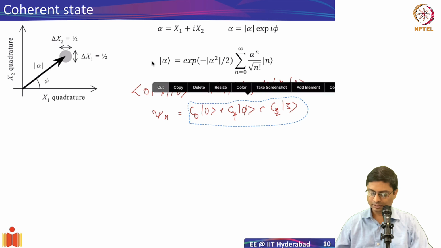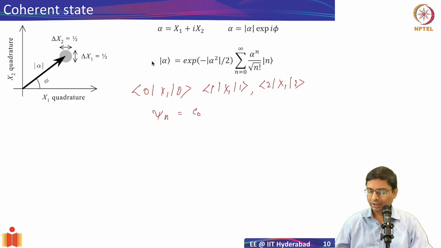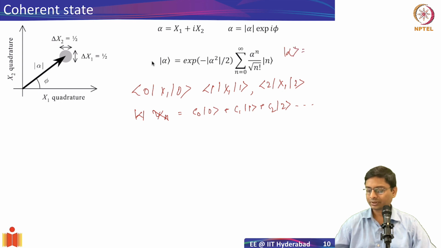Simply it should be C0 times 0 state plus C1 times 1 plus C2 times 2 and so on. Okay. So what I'm effectively writing is, I'm constructing a state, and now instead of psi n, I'm calling it alpha. So effectively my alpha is some coefficient times summation n equal to 0 to infinity Cn n.